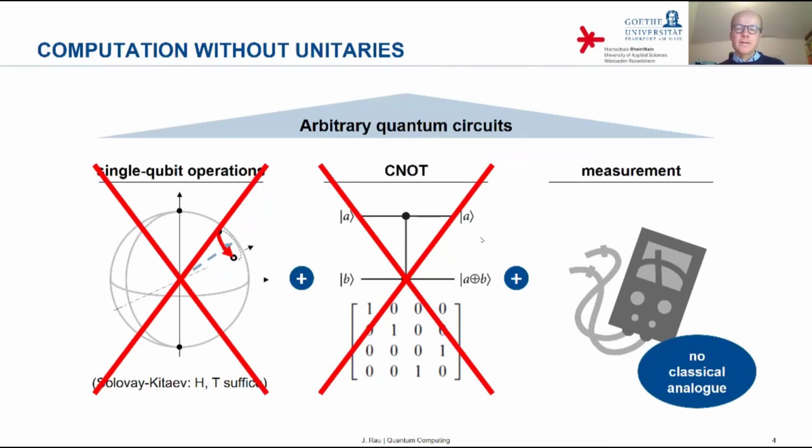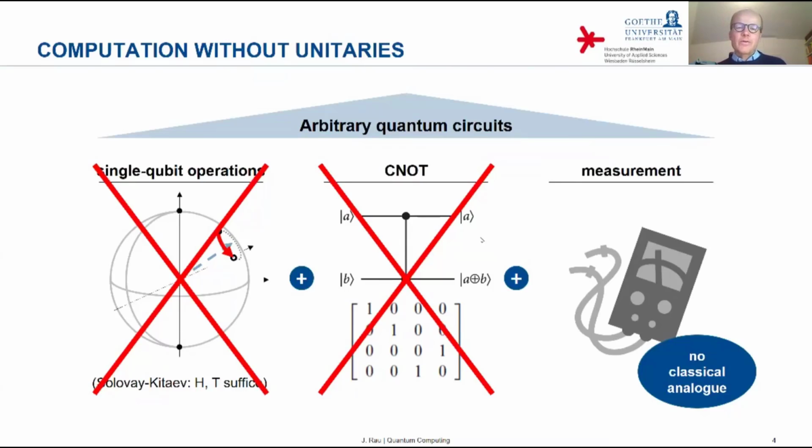And as I said, this is something completely unheard of in the classical world. We will not discuss practical applications or whether this can be built in the lab. It's going to be a proof of principle. I just want to give you an argument why in principle this can happen.